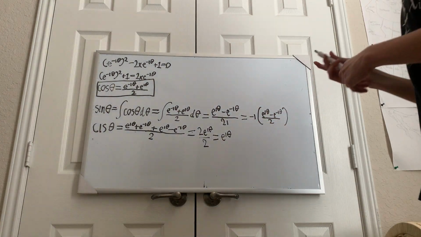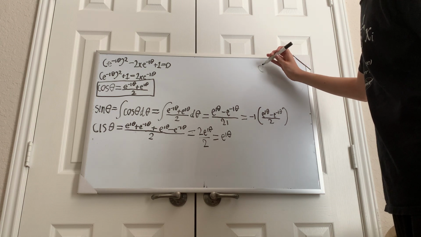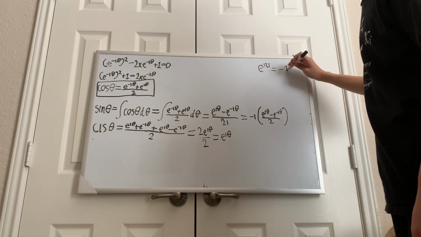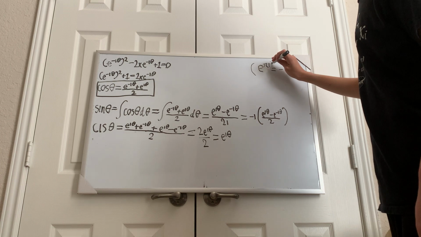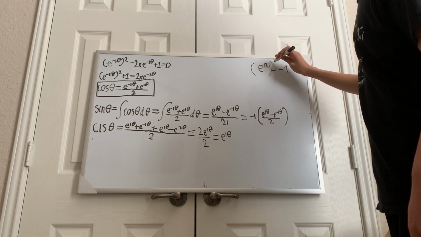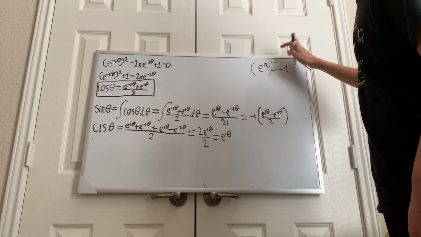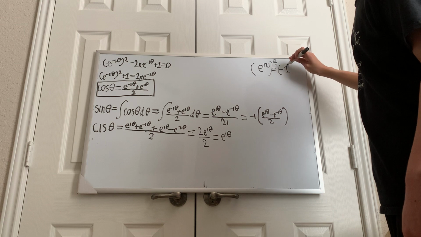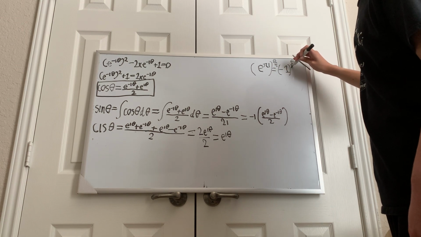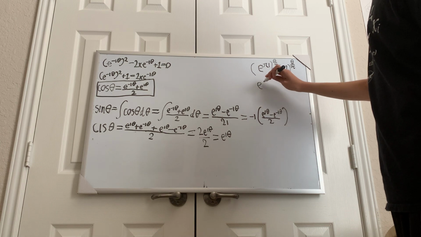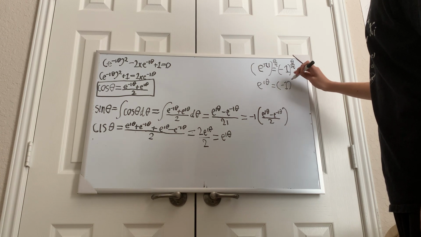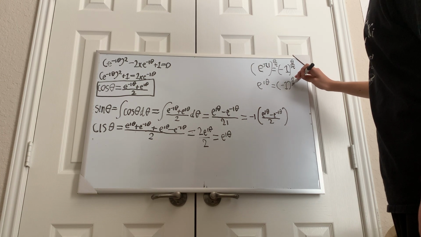So remember, e to the pi I equals -1. So if we raise both sides to the power of x over, or no, let's not use x, that's confusing, theta over pi, so this also to the power of theta over pi, we get that e to the I theta is equal to -1 to the power of theta over pi.